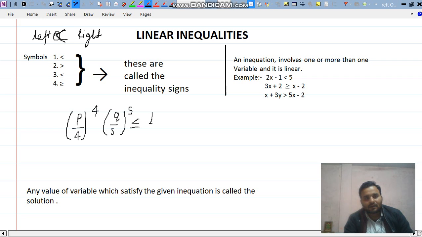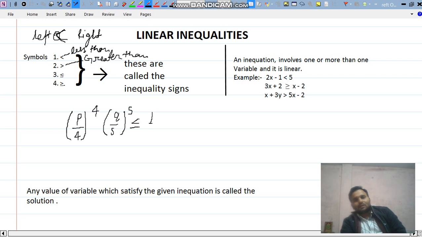This is less than, this is greater than, and this is less than or equal to, and this is greater than or equal to, because they are both symbols, and these are called inequality signs.